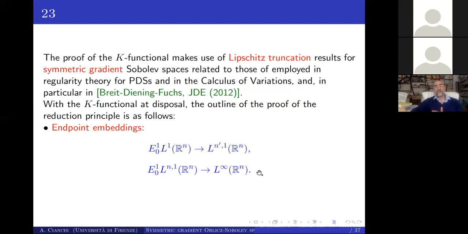The other endpoint is the opposite one, where the target one is at least locally the best possible because we have L infinity, and the source, the domain for this space is E1 Ln1. This is again a Lorentz space, which is slightly better than Ln, let's say, for which the result is false.